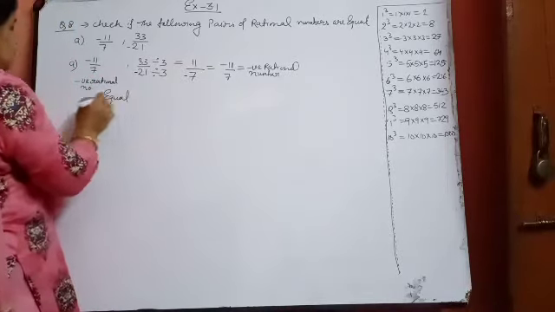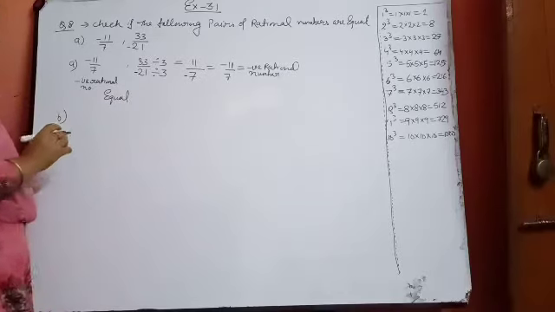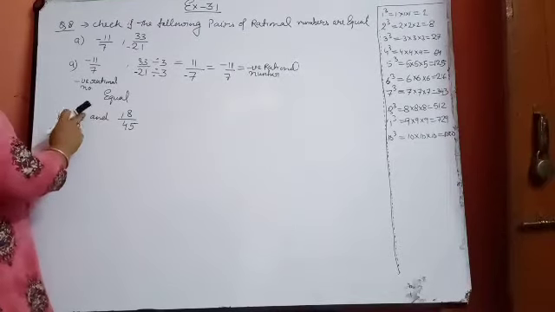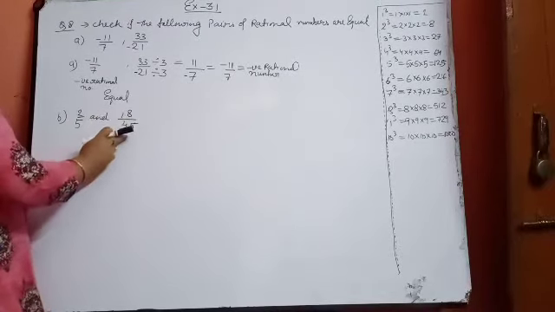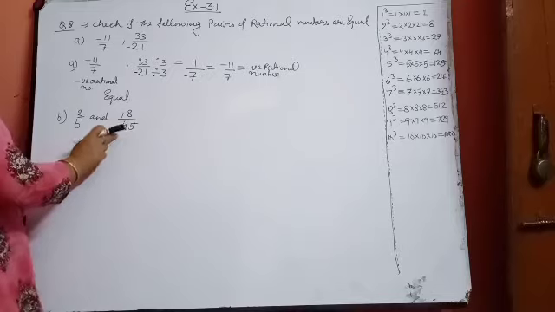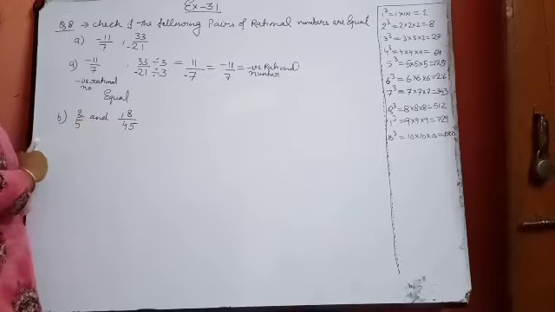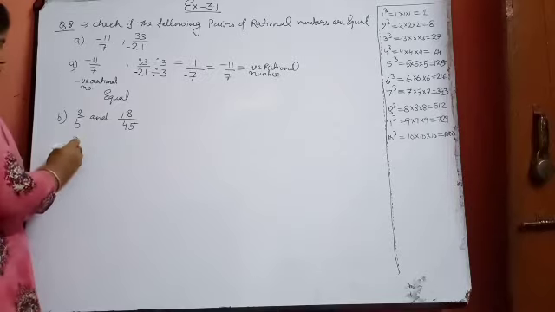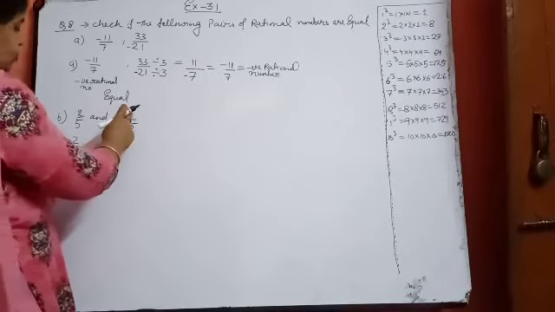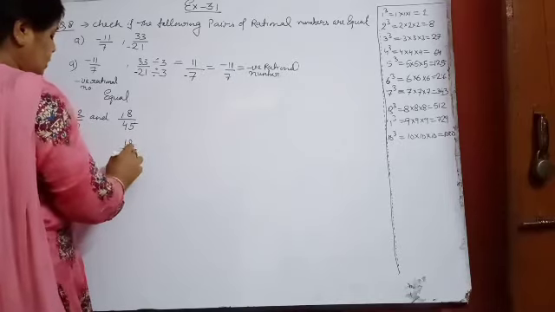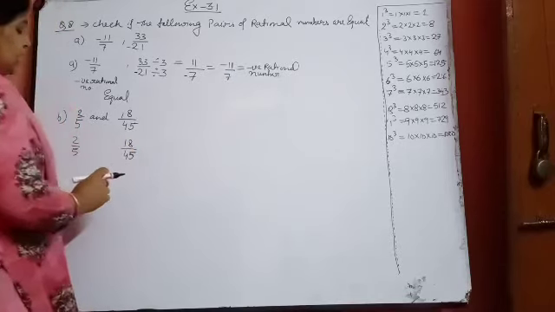One more part I am going to do, that is the B part of this question. Now, beta, see that 2 upon 5 and 18 upon 45, we have to check it. 2 and 5 are both prime numbers, they do not come in any common table, so 2 upon 5 will remain as 2 upon 5. Now I am going to check 18 upon 45. Can you say that both the numbers 18 and 45 come in any table?